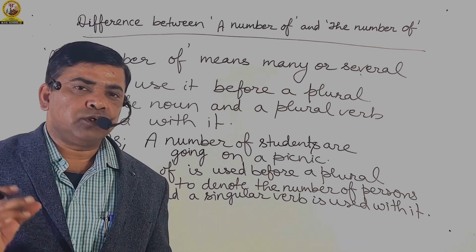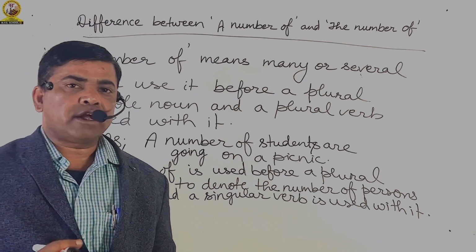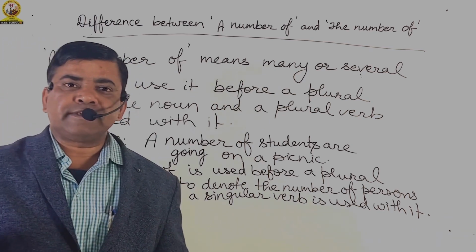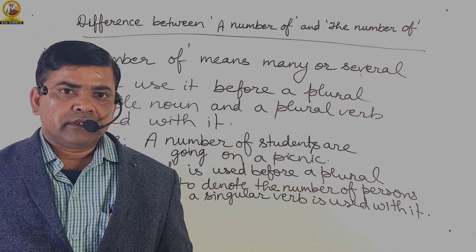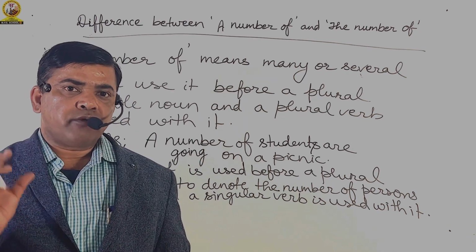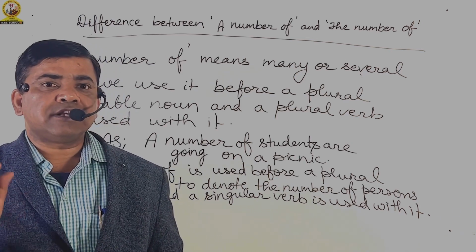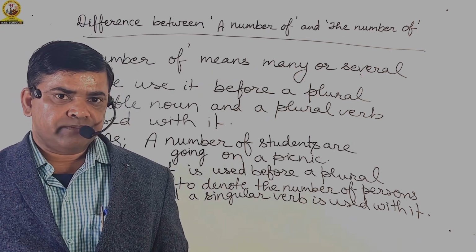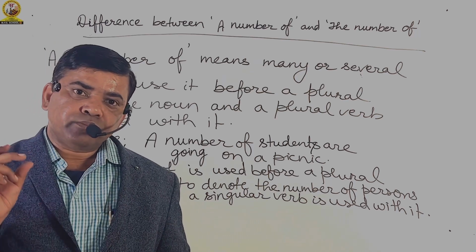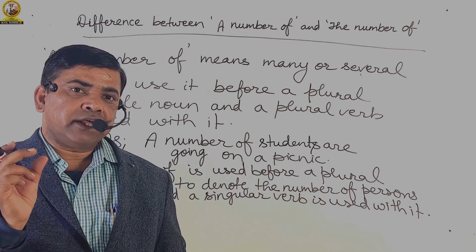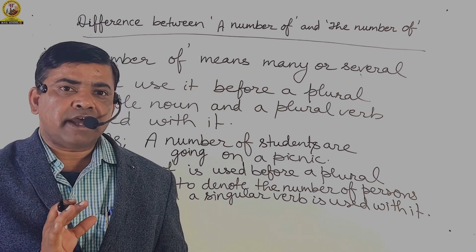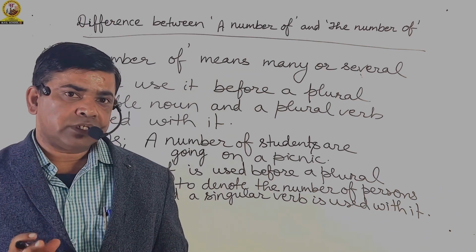In case we use the number of before a plural countable noun, we use a singular verb with it. यदि हम लोग प्लूरल काउंटेबल नाउन के पहले द नंबर ऑफ का प्रयोग करते हैं तो उसके साथ सिंगुलर वर्ब का प्रयोग किया जाता है, और यदि किसी प्लूरल काउंटेबल नाउन के पहले अ नंबर ऑफ का प्रयोग किया जाता है तो उसके साथ प्लूरल वर्ब का प्रयोग किया जाता है.